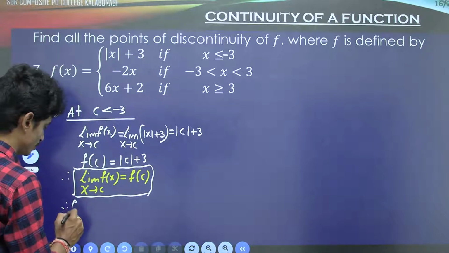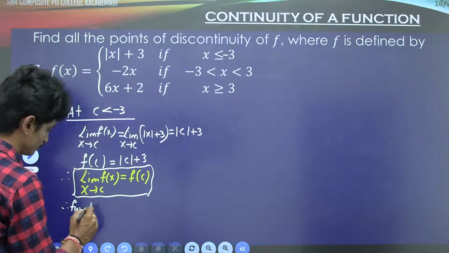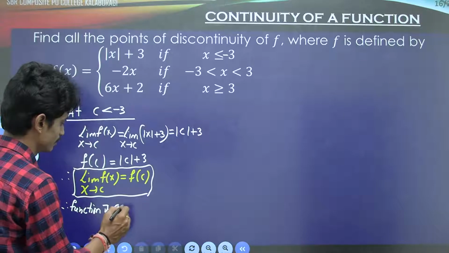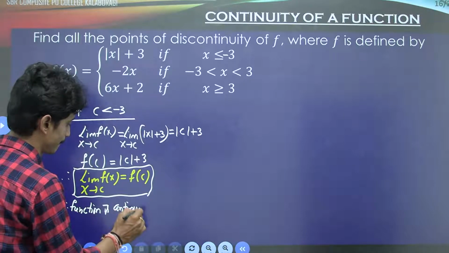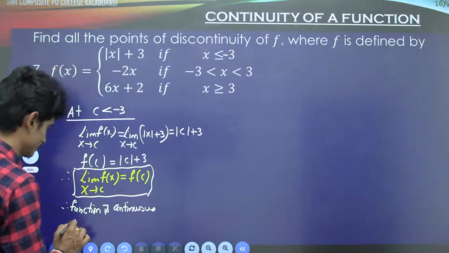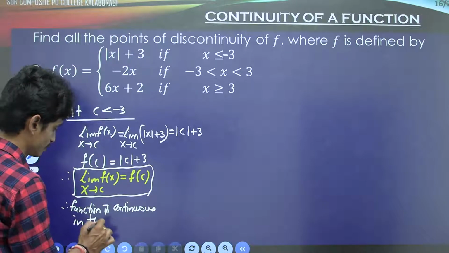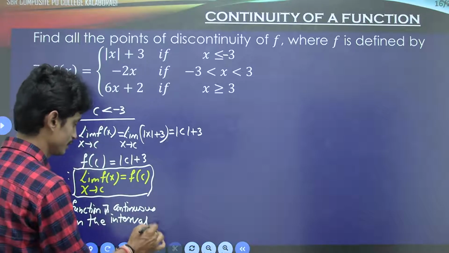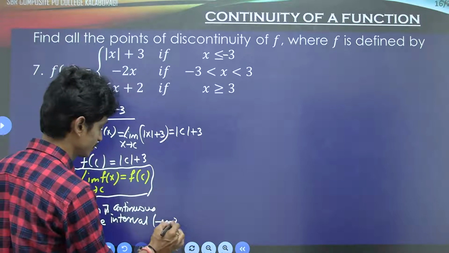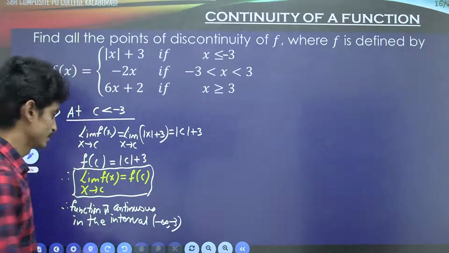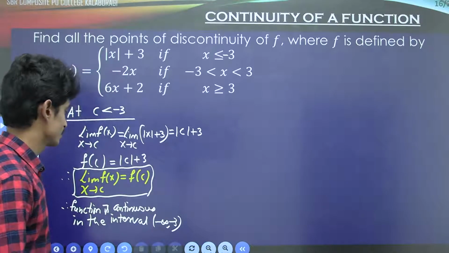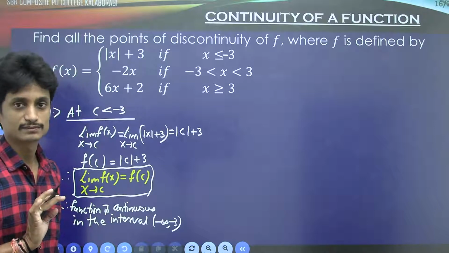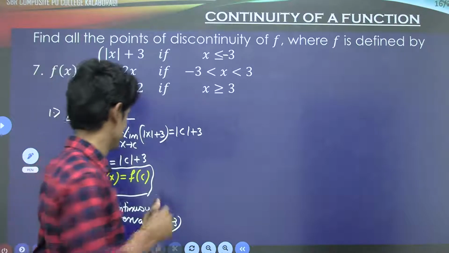Therefore, the function is continuous in the interval minus infinity to minus 3, or simply we can write, the function is continuous at c less than minus 3. This is one case.